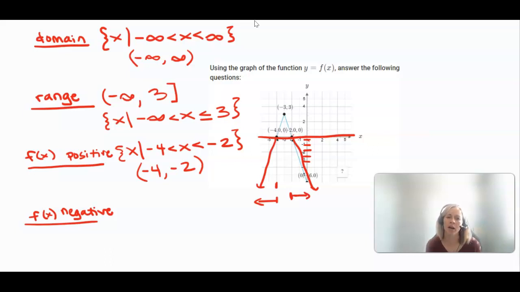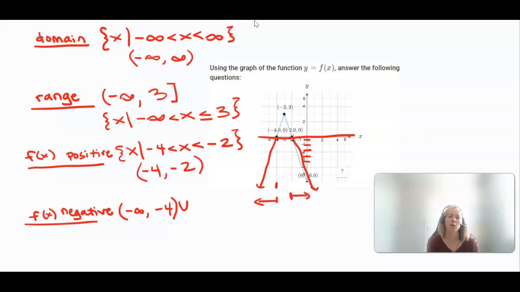So pause this and try to write that in interval notation. What do you think that would be? Okay, let's go ahead and look at the interval notation. This one's a little different because we do have two intervals. For the first one, we'll have negative infinity up to -4. We don't include negative infinity, and we also are not going to include -4 because it's neither positive nor negative.